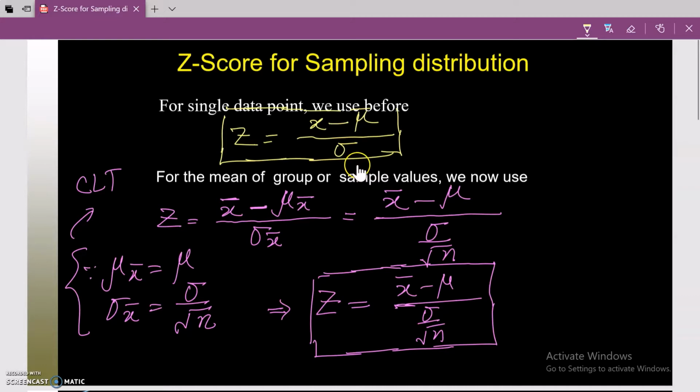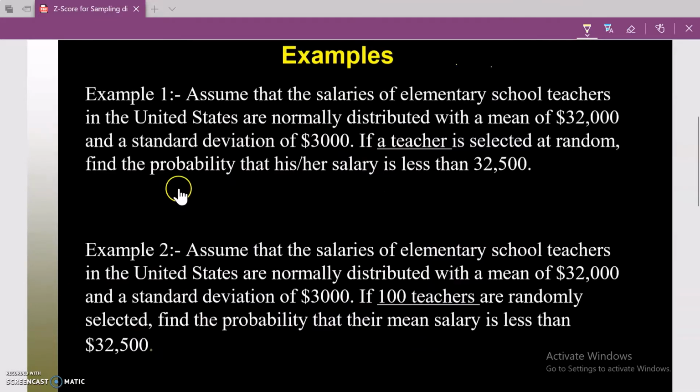So let's see some examples. I have two examples here, example 1 and example 2, and I have written them side by side. You might be wondering why. What I want from you guys is to pause this video, pay attention, and tell me how these two problems are different.